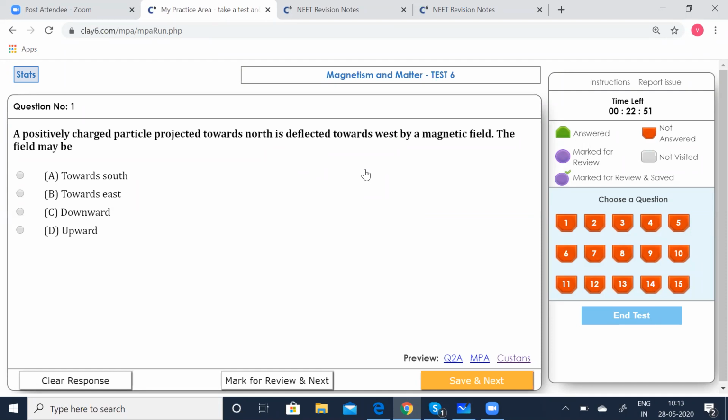The first question says, a positively charged particle projected towards north is deflected towards west by a magnetic field. The field may be... again, children, before going into the test, let me tell you, the weightage for this particular lesson is only 1%.